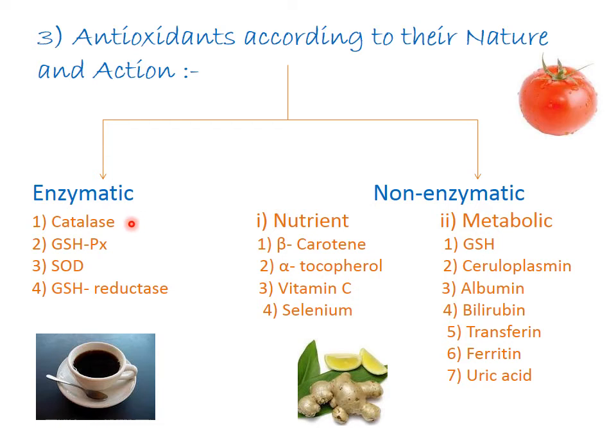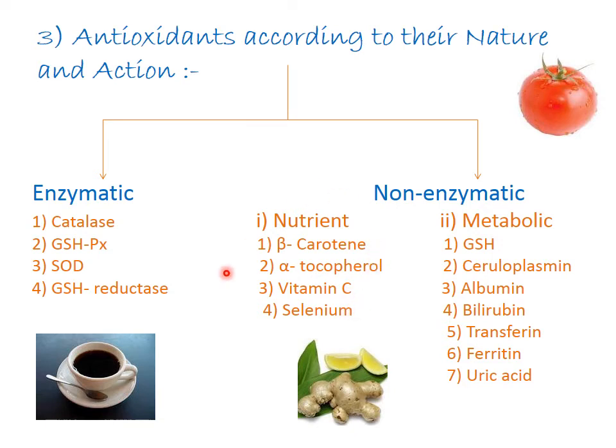Enzymatic antioxidants are all the enzymes present in our cells, that is catalase, glutathione peroxidase, superoxide dismutase, glutathione reductase. And non-enzymatic ones are again divided into nutrient and metabolic antioxidants. Nutrient antioxidants, which we take in our diet, are beta carotene, alpha tocopherol, ascorbic acid, selenium.